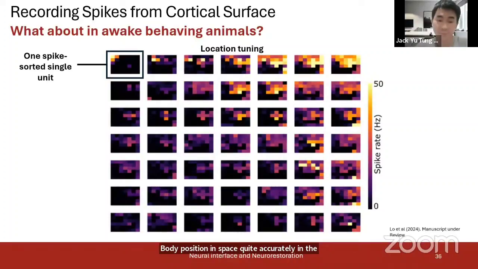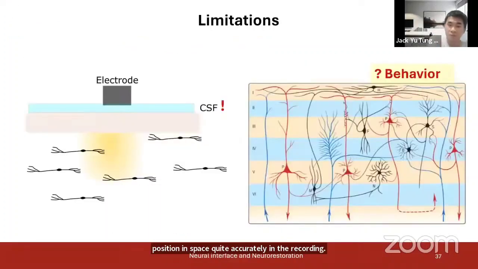So there are a few caveats that we need to bear in mind with these micro-ECOG arrays. One limitation is that the ability to detect spikes is predicated on the requirement that the electrode lies very close to the neurons in layer 1. So the array is therefore very sensitive to the presence of CSF, for example, between the electrode and the brain.